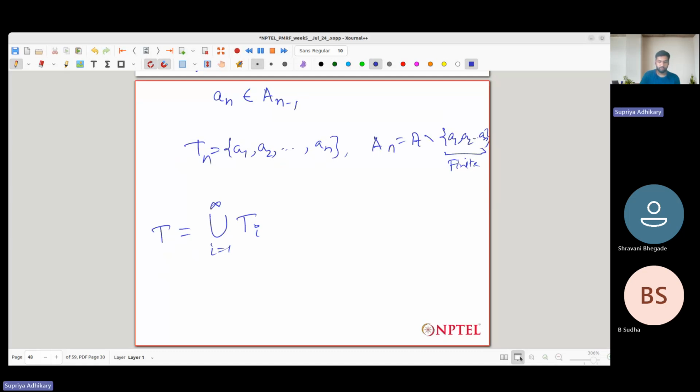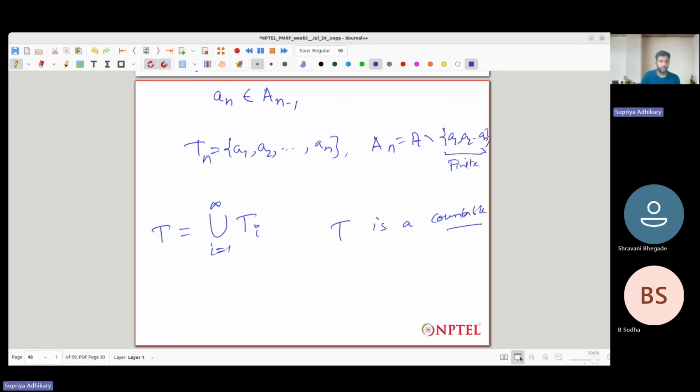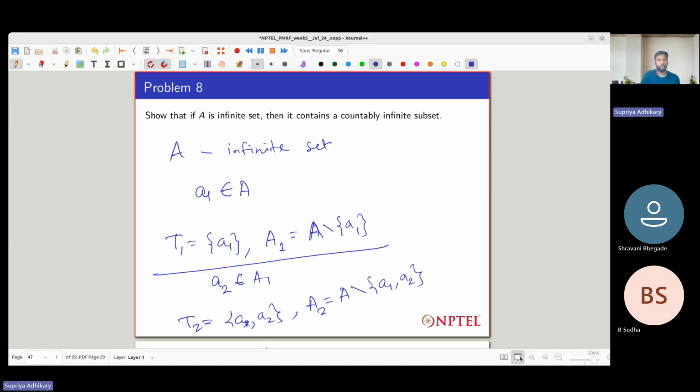So these Ti are basically finite sets, so they are countable sets, and we are taking the union over all these i, and therefore T again is a countably infinite set. So what you can say here is that this T over here is a countably infinite subset of this set A over here.